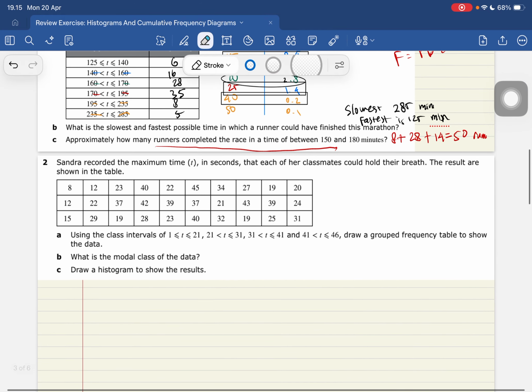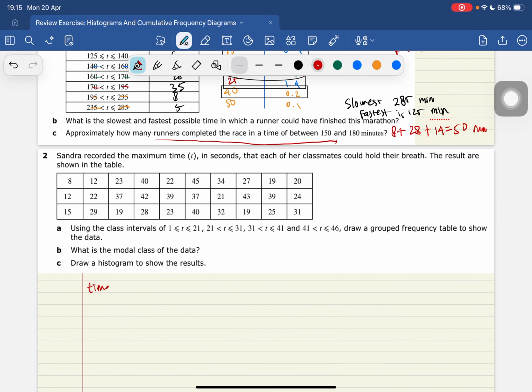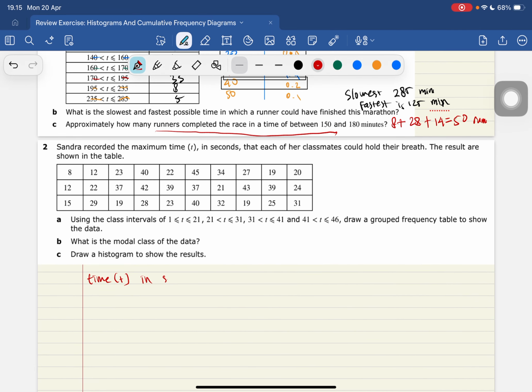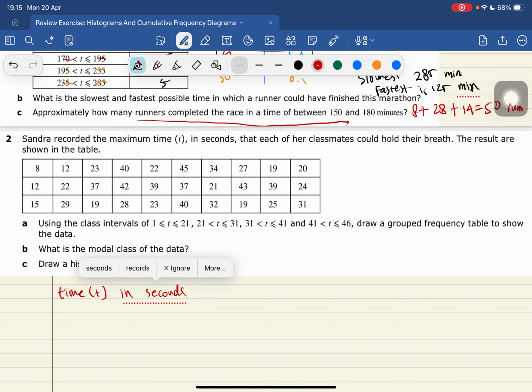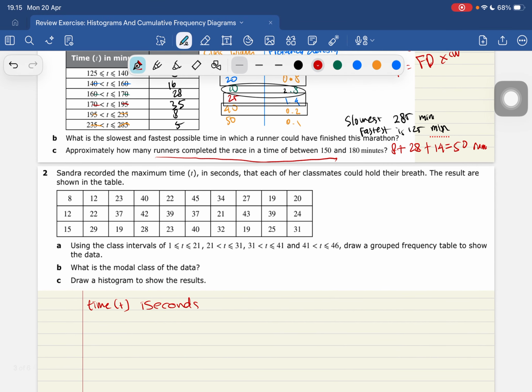Okay, we can go to number 2. She recorded the maximum time t in seconds that each of her classmates could hold their breath. This is the class interval, so let us write it in the table. Time t in seconds. The first class interval is 1 to 21.